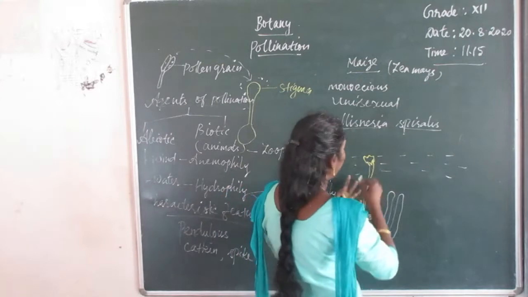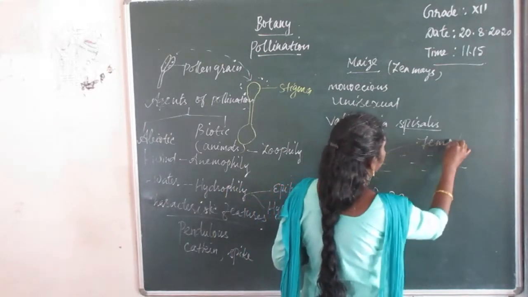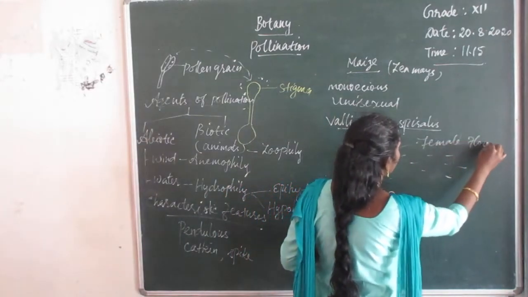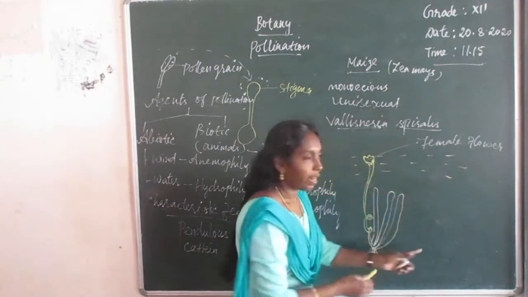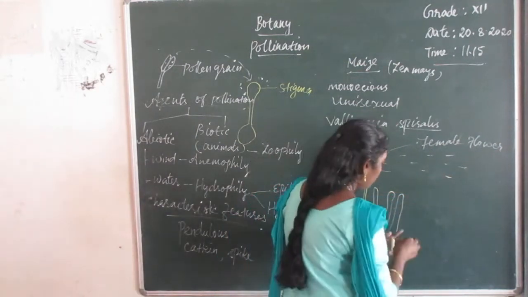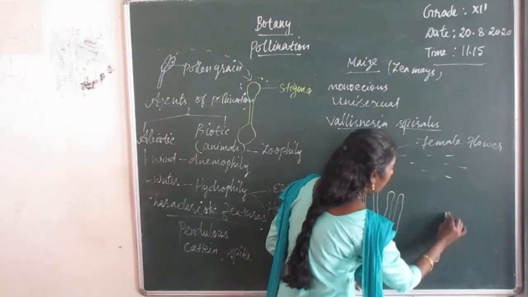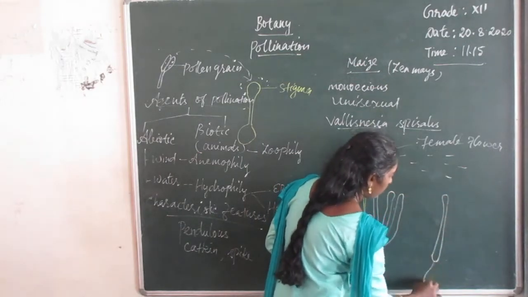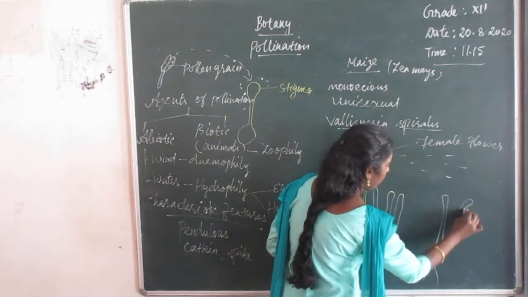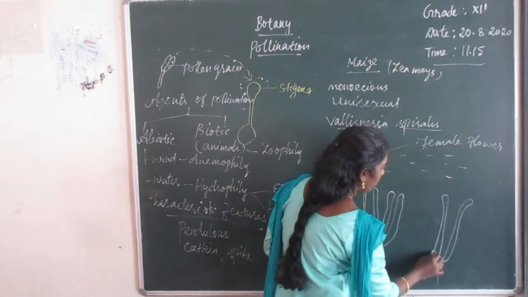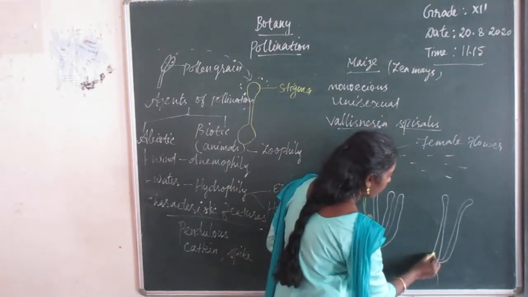This is the female flower. And on another plant, the male flower develops. Here is the male inflorescence.